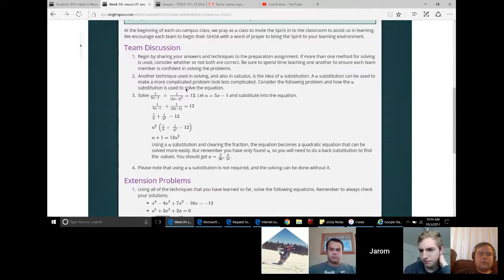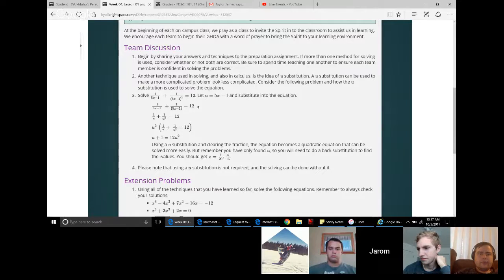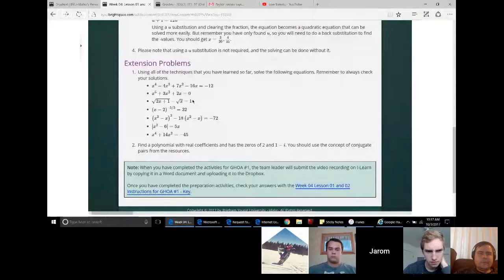And then extension problems. So there's only 2 of them. Well, number 1 has multiple parts. I was actually just looking at this. Once you get your fractions with the u, you then plug those 2 fractions back in, and that's how they get x.